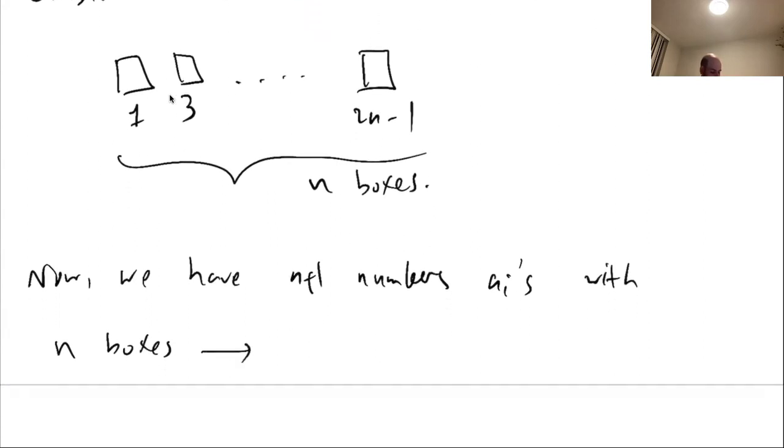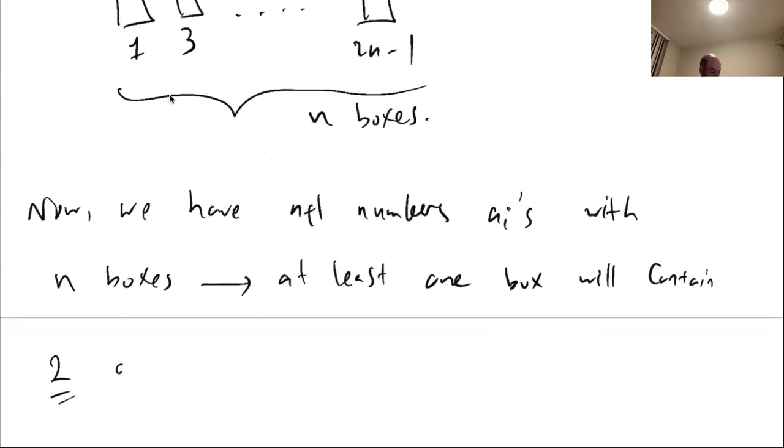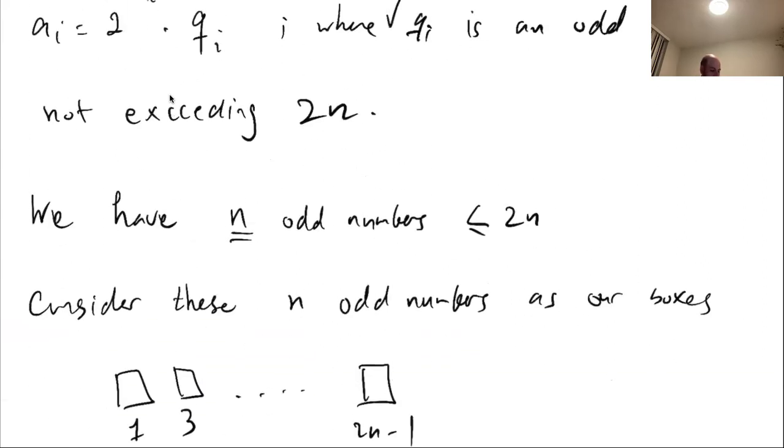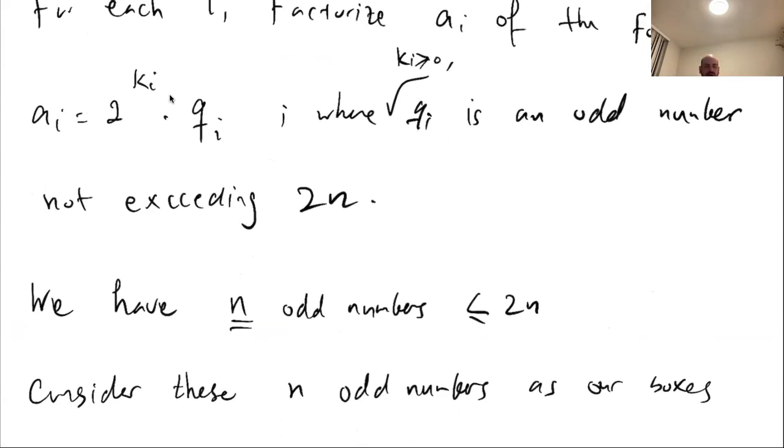So that means at least one box will contain two QIs. Remember, for each AI we have one QI.